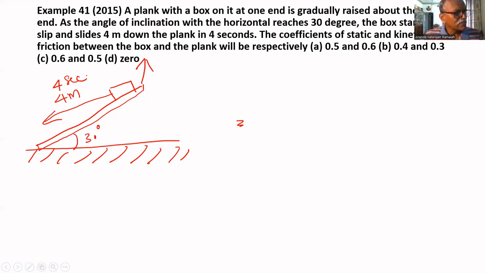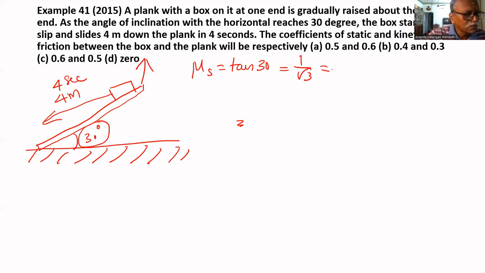The coefficient of friction is mu, we have to find. Static friction depends upon this angle. That static mu s equal to tan 30, that is equal to 1 by root 3, that is equal to 0.6.